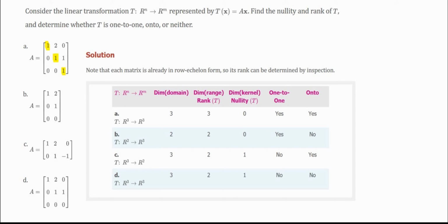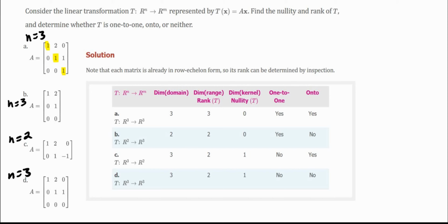And let me write for each one here that n is equal to 3, n is equal to 3, n is equal to 2, and then n is equal to 3. I think I got that right, especially for B and C. If not, I'll try to come back.